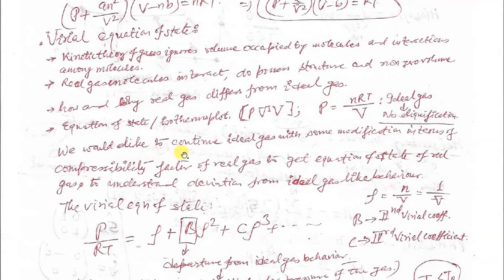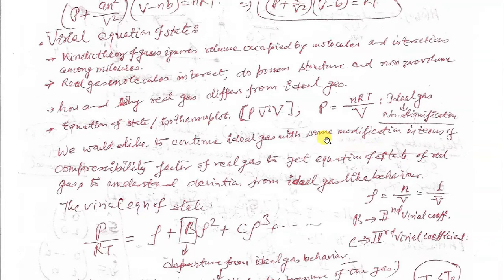So we would like to write the same equation in terms of density, N upon V, for a real gas, where there is an intermolecular interaction as well as molecules having finite, non-zero volume.